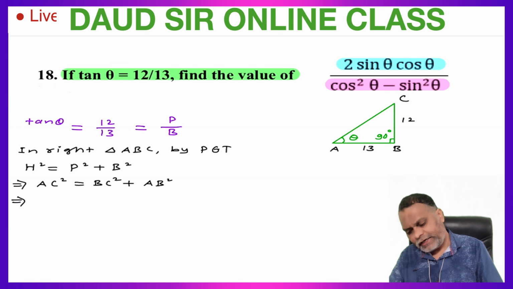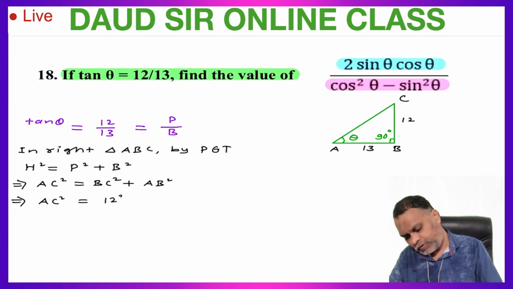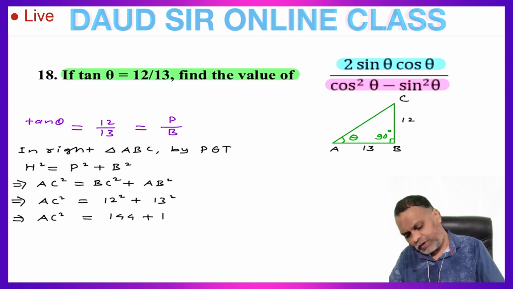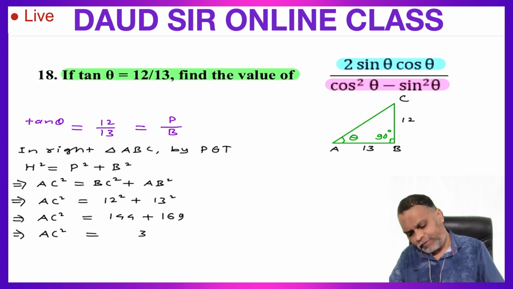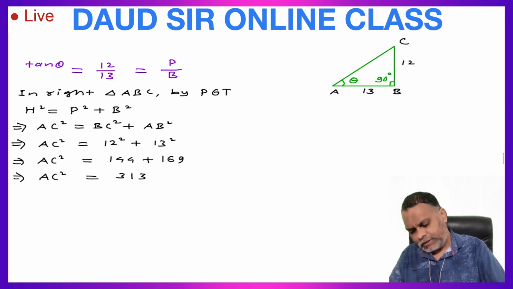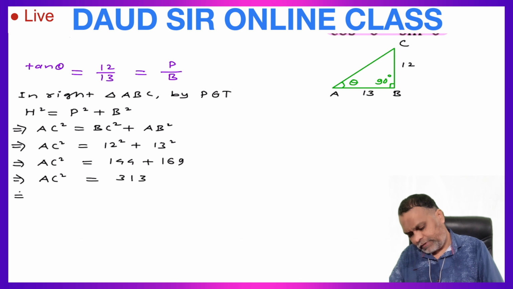AC is missing, so write as it is: AC square, BC is 12, 12 square, and AB is 13, 13 square, which implies AC square is equal to 12 square 144 and 13 square 169, which implies AC square is equal to 313.